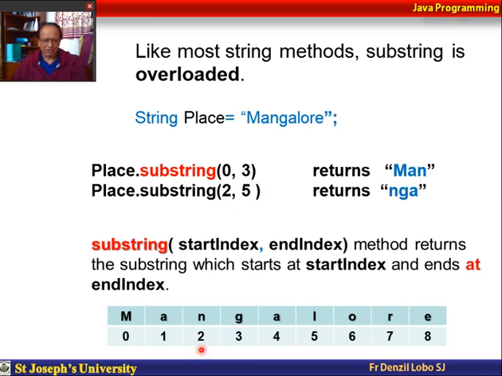Suppose 2 to 5, that means starting at 2 up to 5, that means NGA, it is going to return NGA. Suppose I say substring 9, starting from 9, there is nothing, therefore it is going to return an empty string. So the syntax is substring(start index, end index).